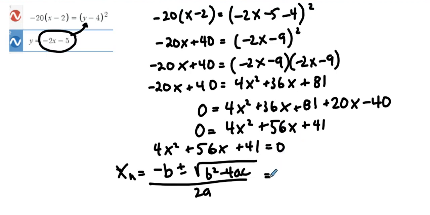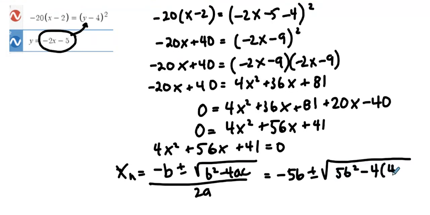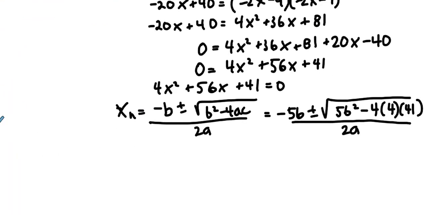Okay, so let's see here. Negative b plus or minus the square root of b squared minus 4ac, all over 2a. Okay, so let me continue. Right, so we have all of this, negative 56.